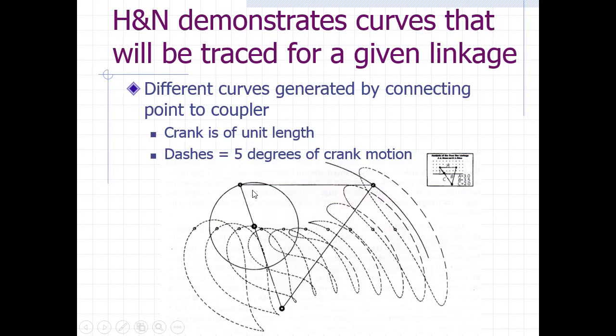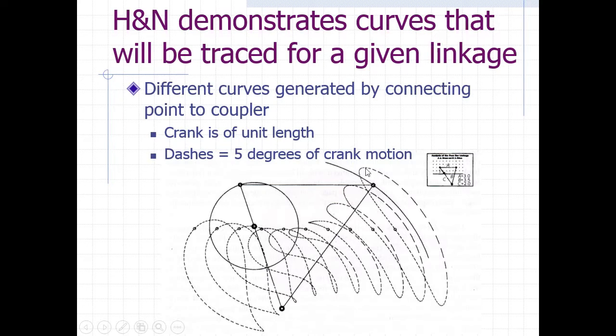So we'd come down here, touch that point, and then go back up. And then what we find is this point here, which would be contained in our triangular shaped coupler, would trace out this path as our crank rotated completely around.